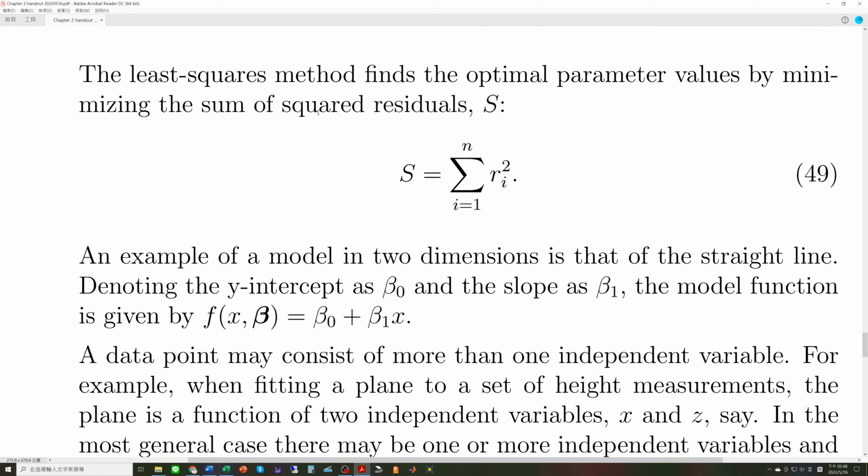The sum of squared residuals S is equal to the summation over i from 1 to n of Ri squared.